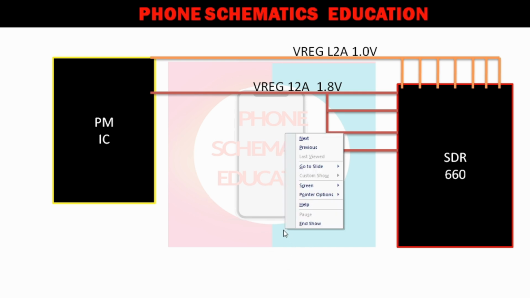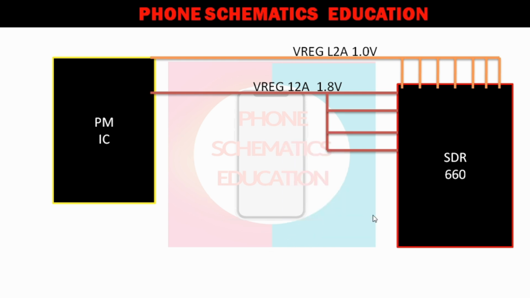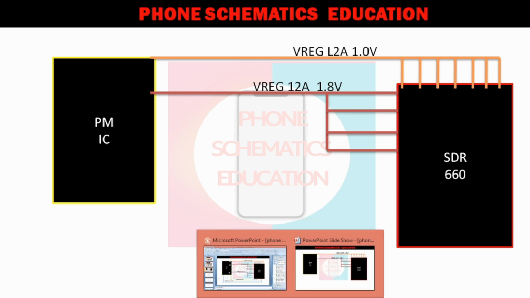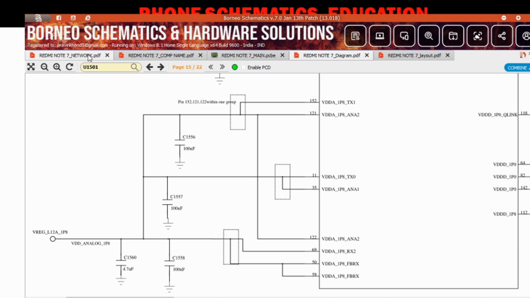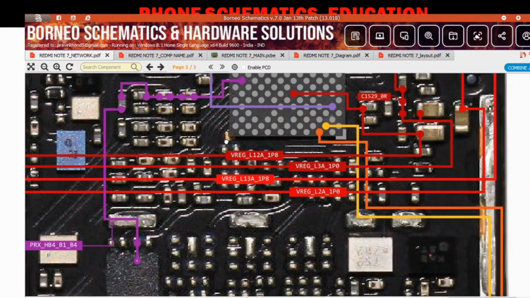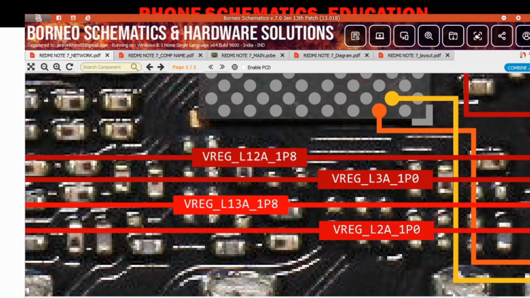Now next, same, go to the schematics. If you want, I will tell you in the hardware solution first. So let me see here, hardware solution. There is another line, LDO 12A.